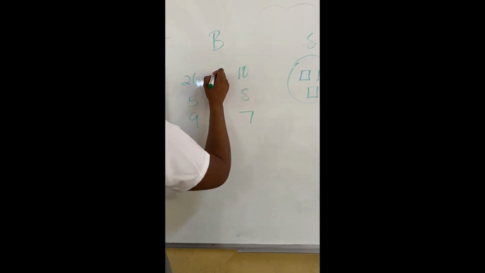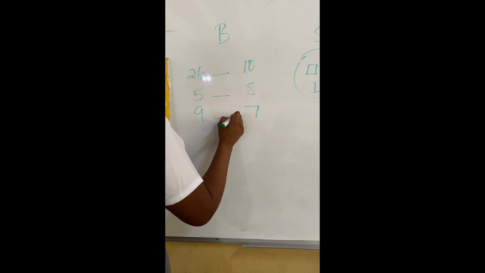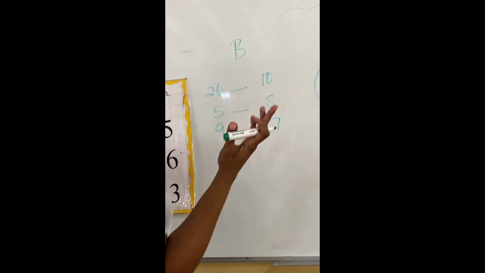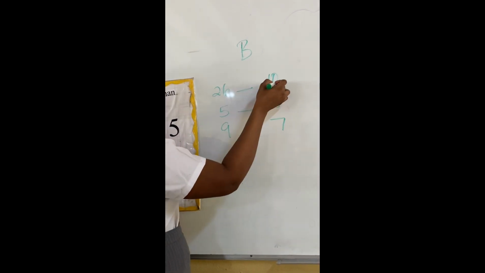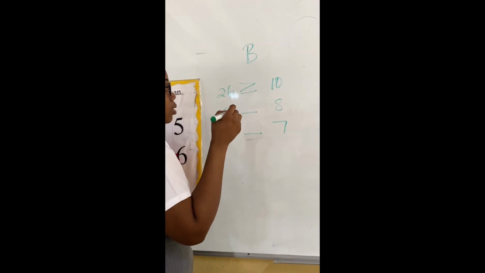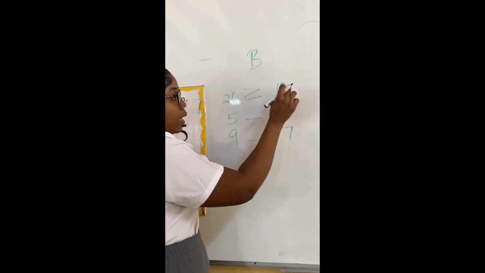Let's look at these. They have to place a greater than sign at the number that is the most. So let's look at 26 and 10. Where will I put a greater than sign, Leanne? Good, at 26, because 26 is greater than 10.